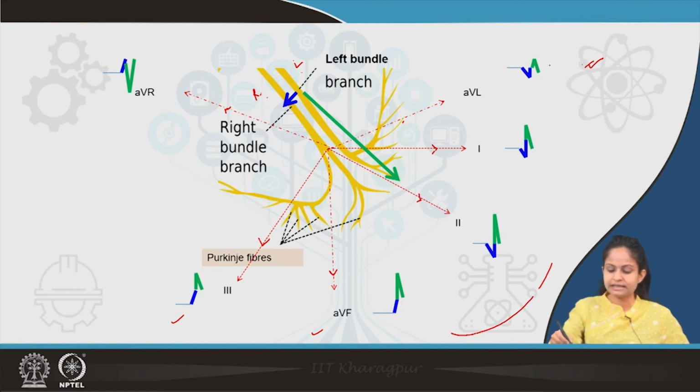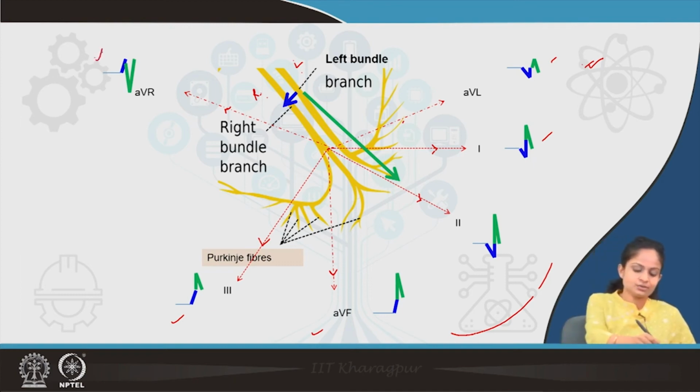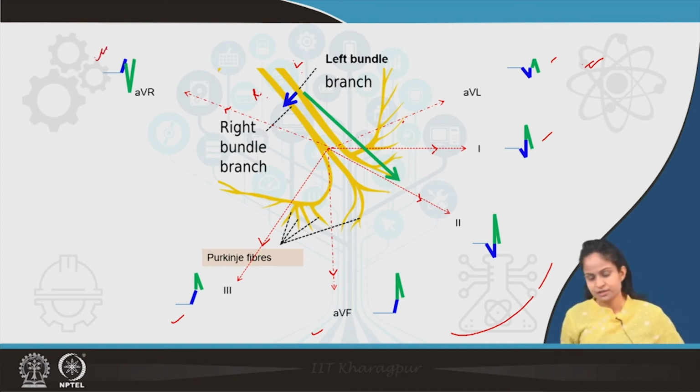That means AVL, AVF, 1, 2 and 3. Again, as I told you, the amplitude of these deflections depends on the angle of the leads, and AVR, since it is in the opposite direction to the wave of depolarization, gives the negative deflection.